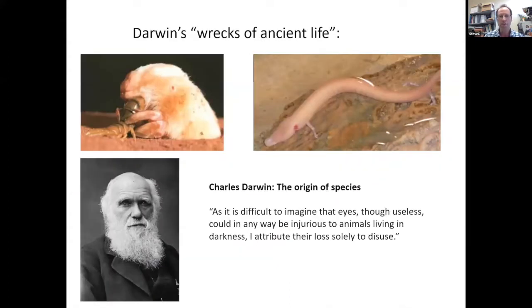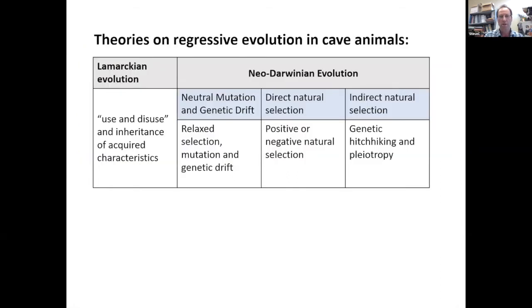And it was really this, the loss of eyes and pigment in subterranean animals that caused Charles Darwin some problems, and he couldn't see that there was a natural selection way of potentially developing those particular traits in cave animals. 150 years later, and there's still much debate about how regressive evolution occurs in cave animals.